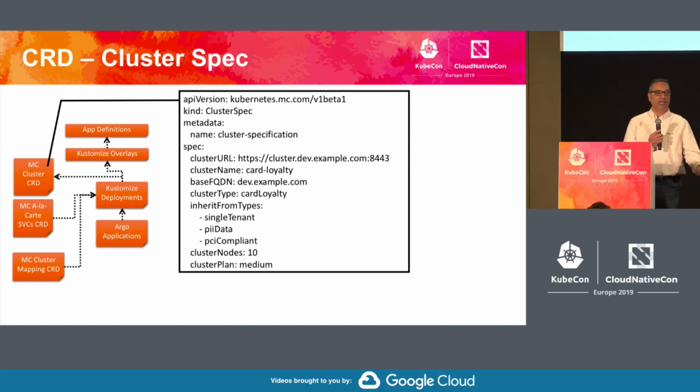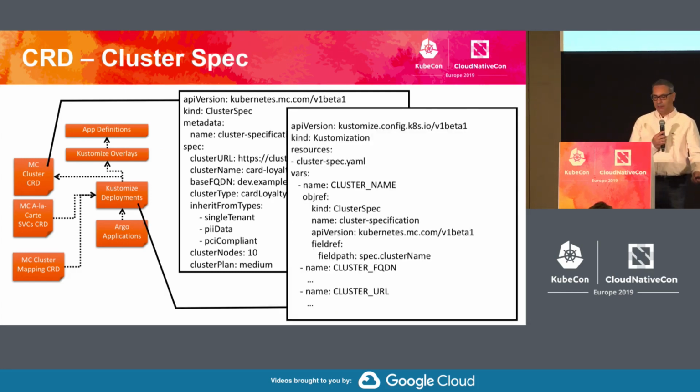So there are other types that will be defined. Let's say this is a car loyalty fake example. You want to be a single tenant cluster, which will mean some of the stuff that are part of those core constituencies will be brought into the cluster. And then you deal with PII data and you want to be PCI compliant. That will bring different types of applications by default into the cluster before this particular application team deploys their own workloads.